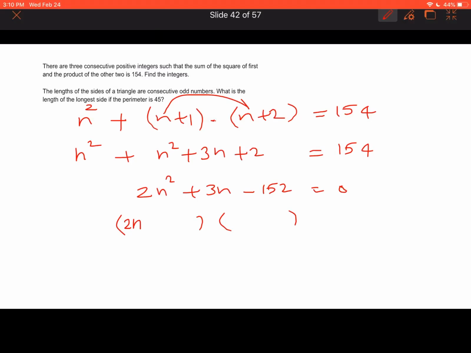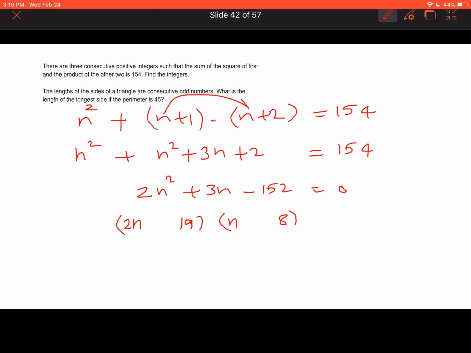One factor should have a 2n and another factor should have an n, so that 2n times n becomes 2n square. Now we will carry on with the 152. 19 times 8 makes 152.